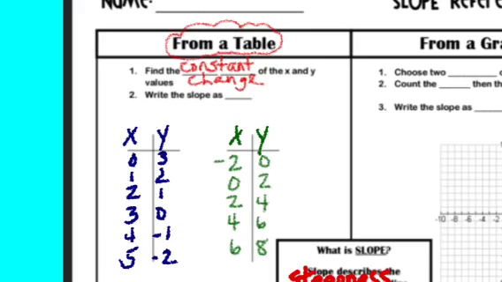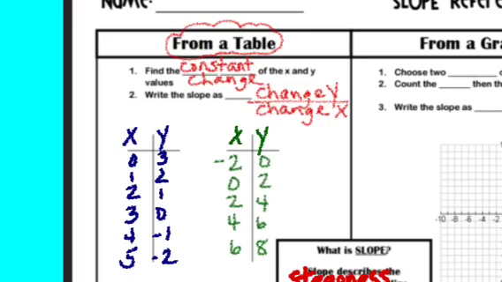That's what makes it a straight line, right? When it's changing by the same amount or a constant. And we're going to write the slope as how y changes, the change in y, over the change in x. So let's take a look at this table.